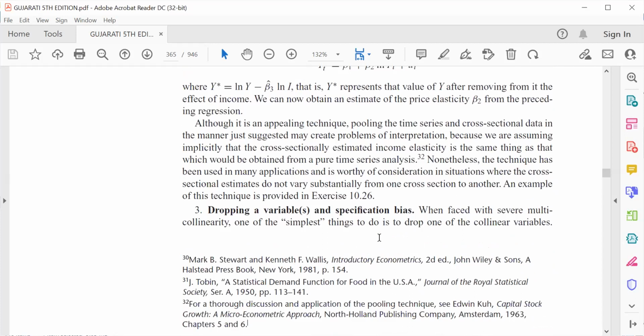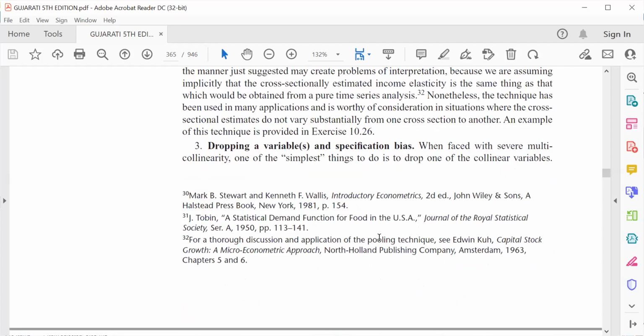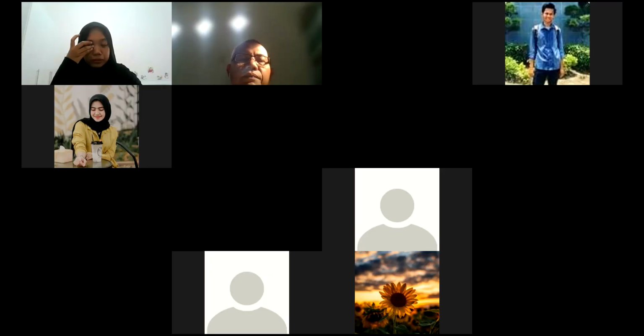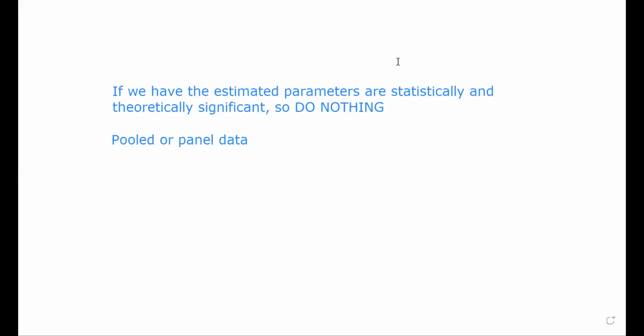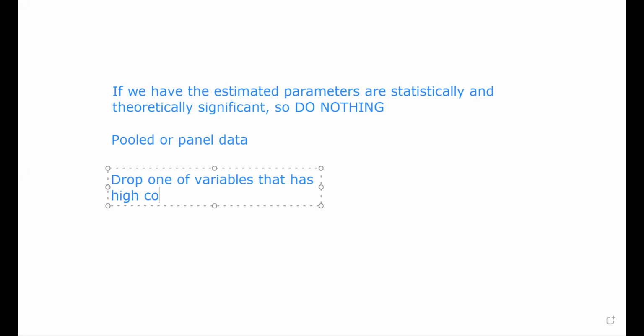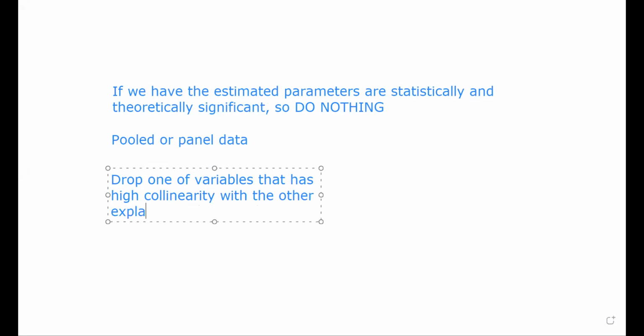Number 3 is drop a variable. Drop one of the variables that has high collinearity with the other explanatory variables.